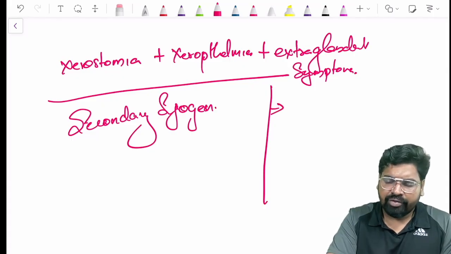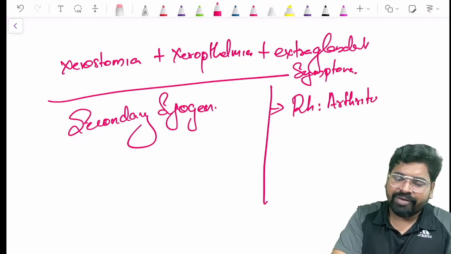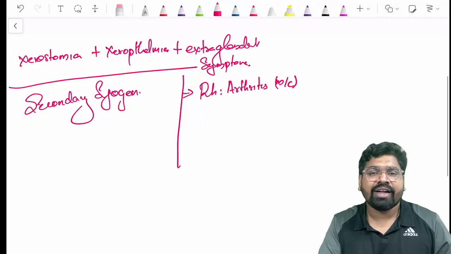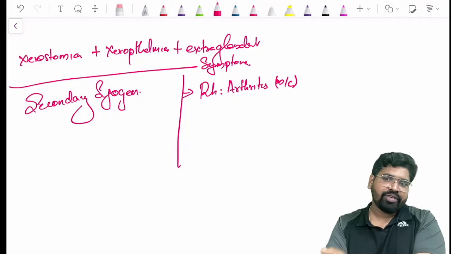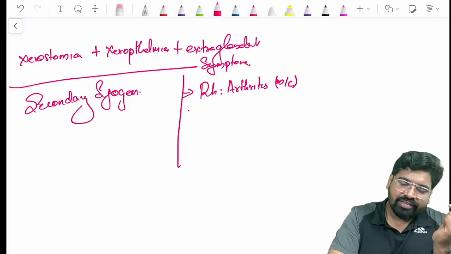Most commonly it is rheumatoid arthritis. This was a previous year NEET question: which is the most common extraglandular symptom you can see in Sjogren syndrome? Rheumatoid arthritis. What others can you see? SLE, scleroderma, polymyositis, myasthenia gravis, Raynaud's phenomenon.